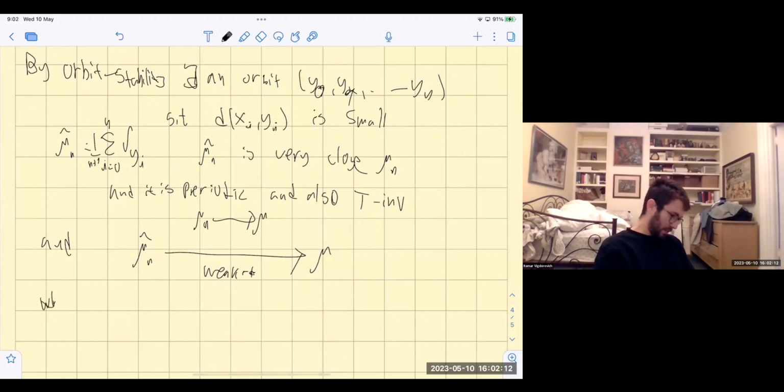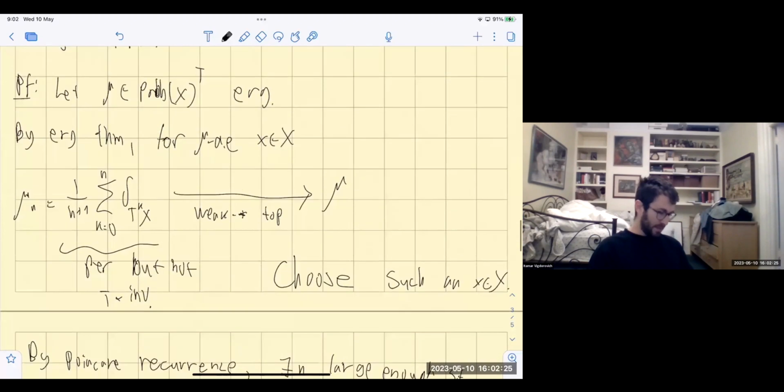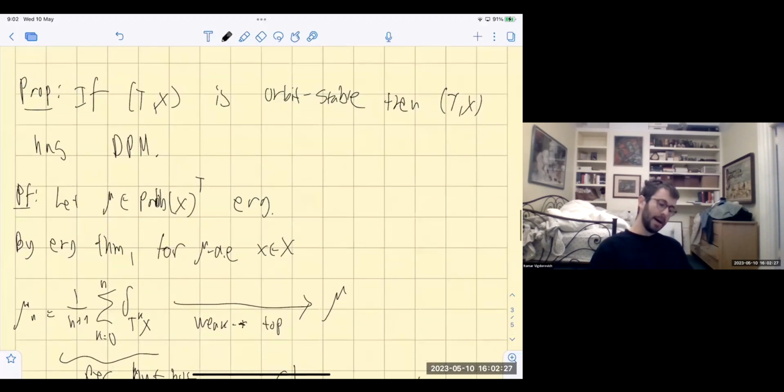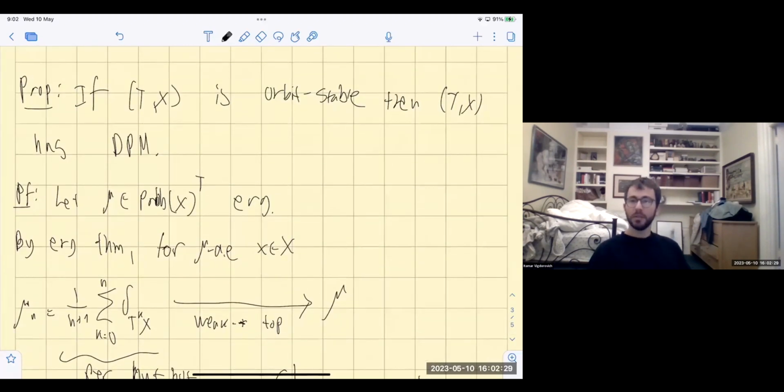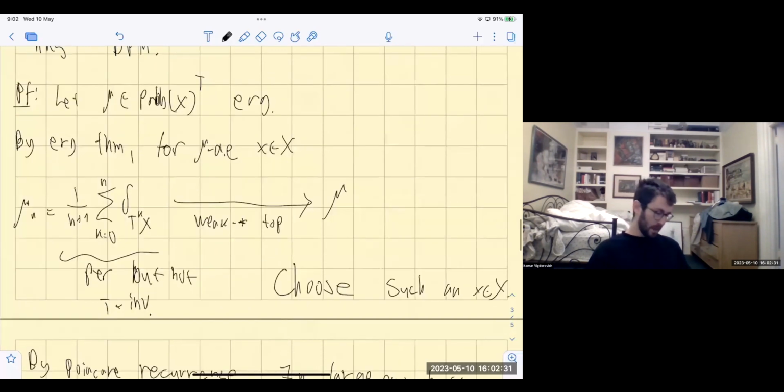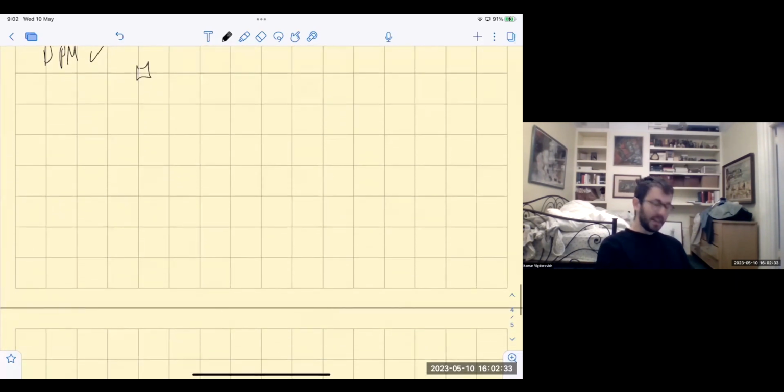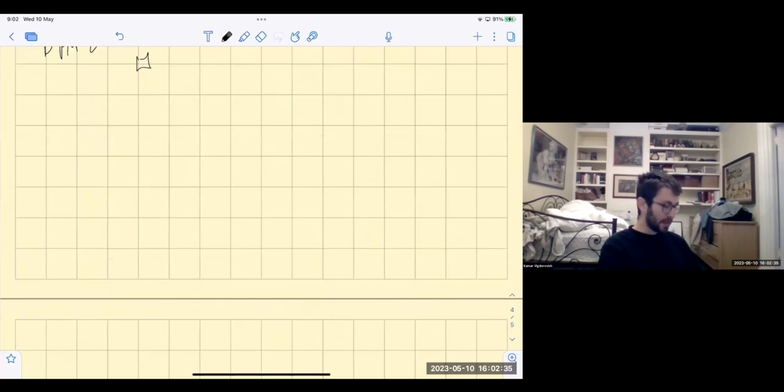We showed that this has dense periodic measures. So orbit stability implies dense periodic measures. Let's give an example. This can help us find systems which have dense periodic measures.